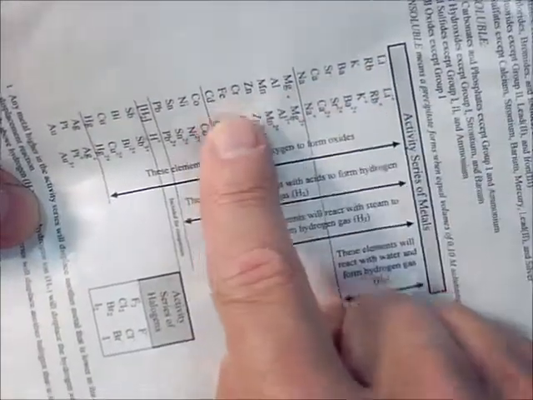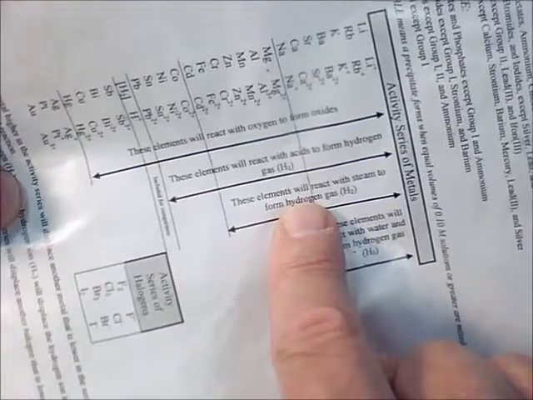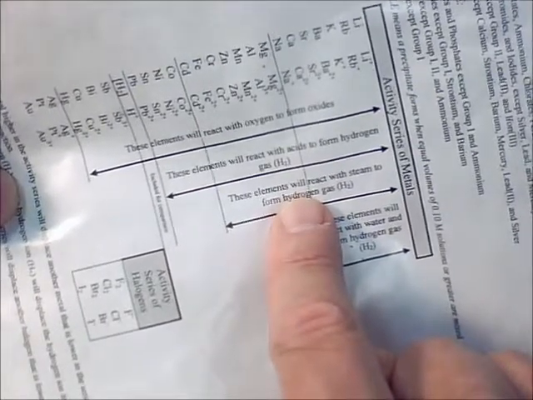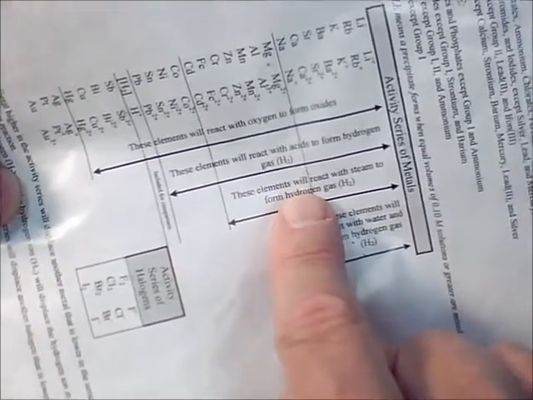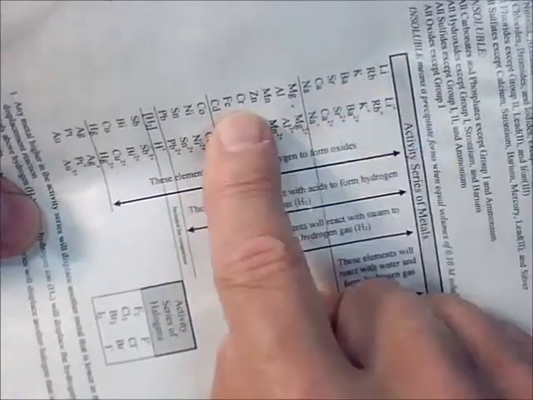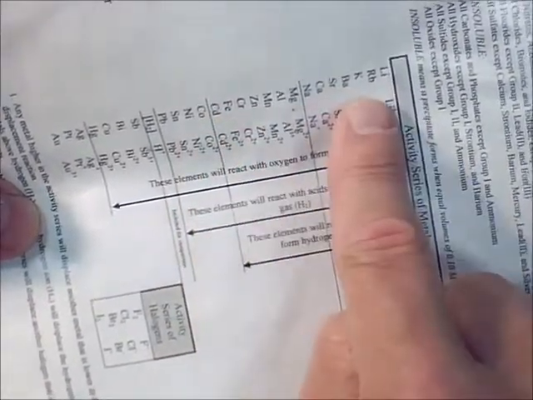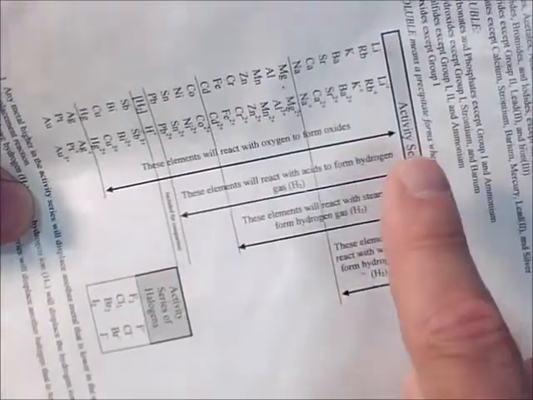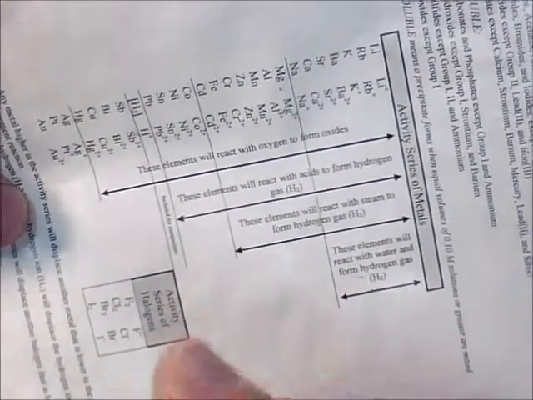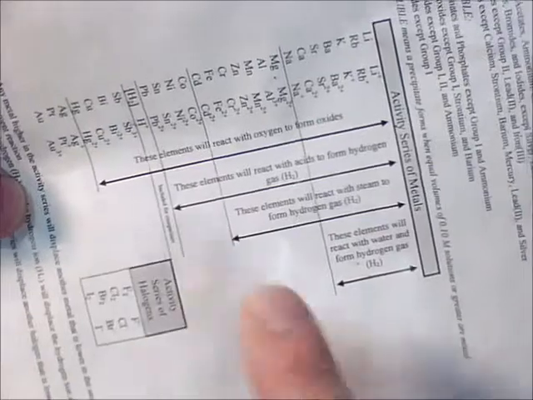So these metals here react with the water as if it's an acid, and that hydrogen ion then comes off the water and reacts with these metals, leaving behind that hydroxide ion. We've talked about that before, how water dissociates, and that's how it behaves like an acid.